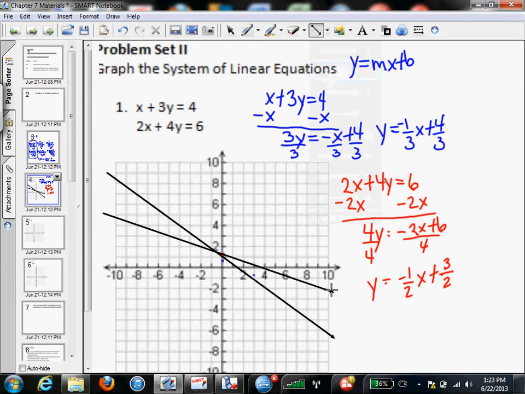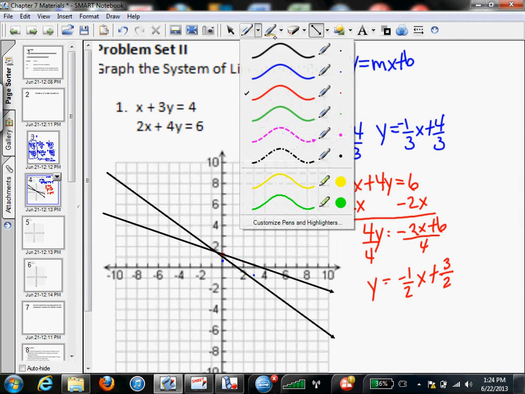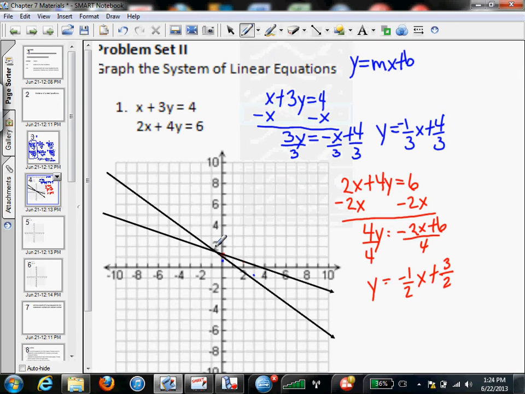Actually, I think it's going to turn out really nice. So it may not have been the best to graph since we had fractions for the y-intercept, but if you look, there is going to be an intersection point somewhere around in there, and so we have one solution. And if we are able to graph, we could actually tell what that solution will be.